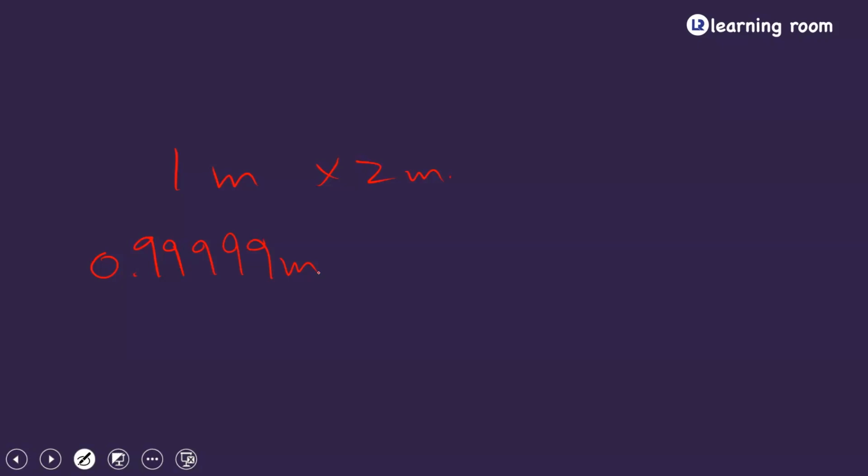The difference is 1 minus 0.99999, which is going to be 0.00001 or something like that. So is that much distance going to make any big difference in your measurement? No. So there I will round off because I am not bothered that much about accuracy, because in this application it works fine for me.